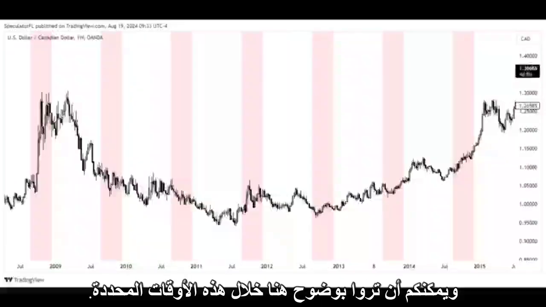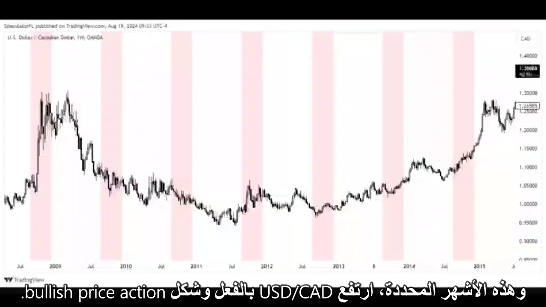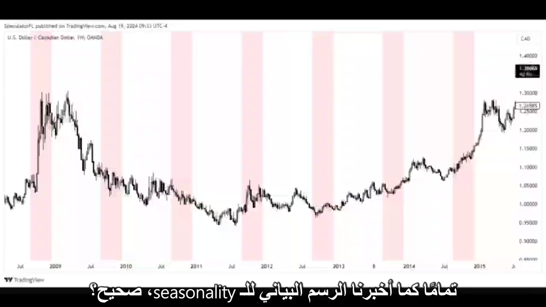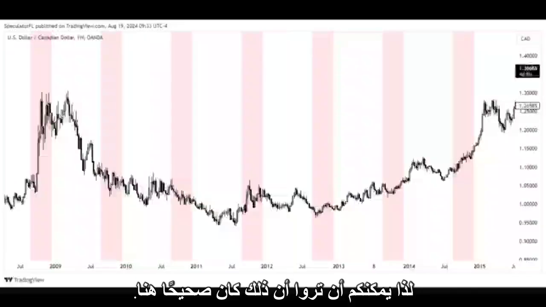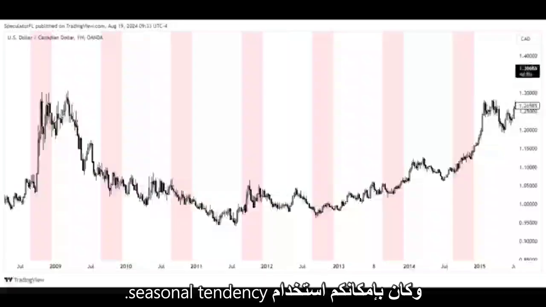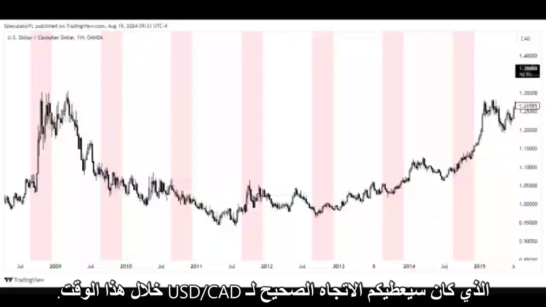And you can clearly see right here during this particular time and these particular months, USD CAD did indeed go higher and formed bullish price action, just as the seasonality chart had told us. So you can see that it stayed true right here, and you could have used seasonal tendency, which would have given you the right direction for USD CAD during this time.